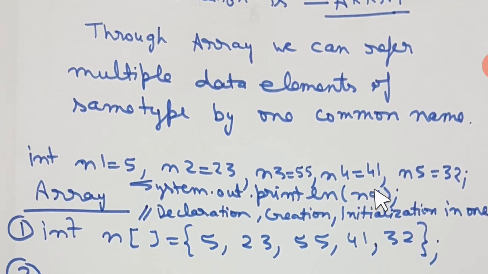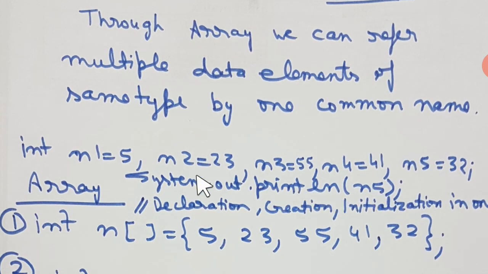So students, here we have 5 different data elements stored in different variables. One statement is there, I'm just reading it out for you: int n1 = 5, n2 = 23, n3 = 55, n4 = 41, n5 = 32, and this entire statement has been terminated by a semicolon.